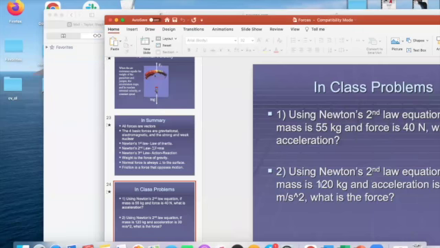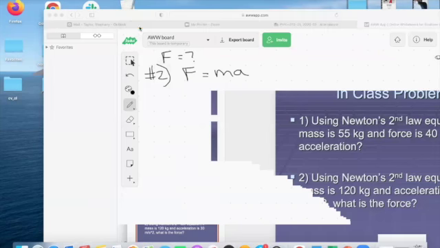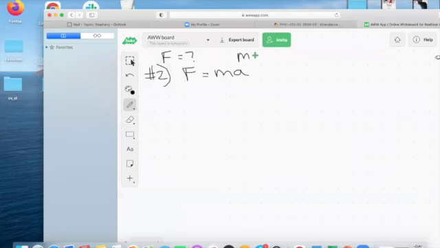The mass is 120 kilograms, and the acceleration is 30 meters per second squared. Since the mass is already in kilograms, we do not have to convert, because kilograms is the SI unit for mass.